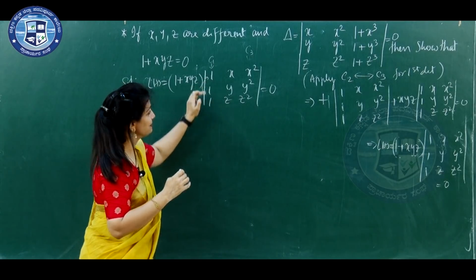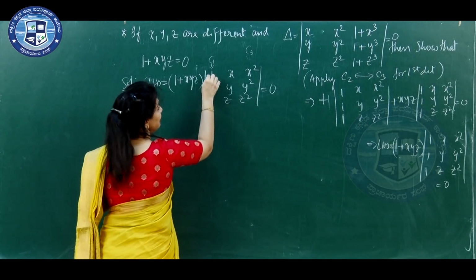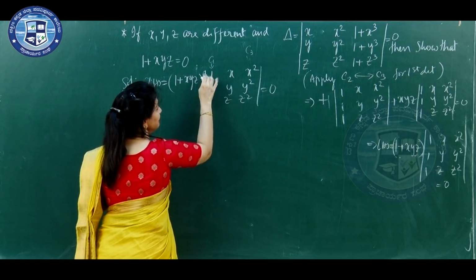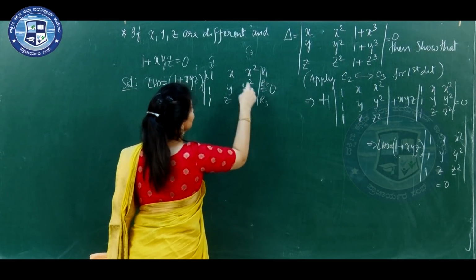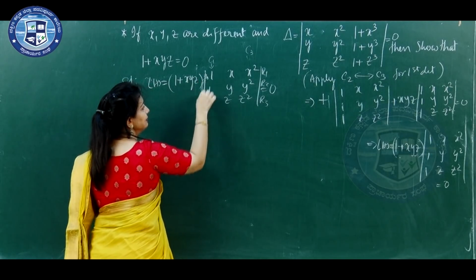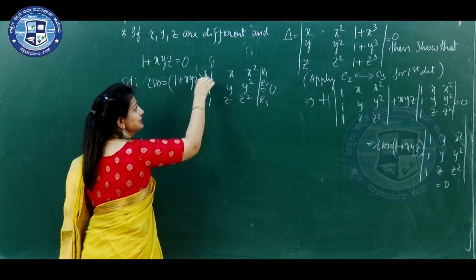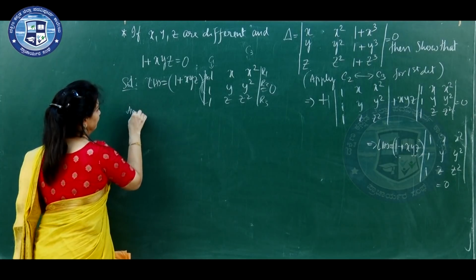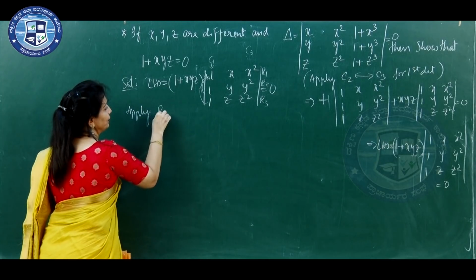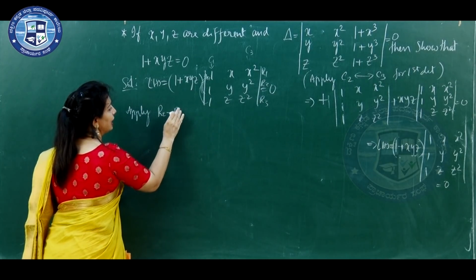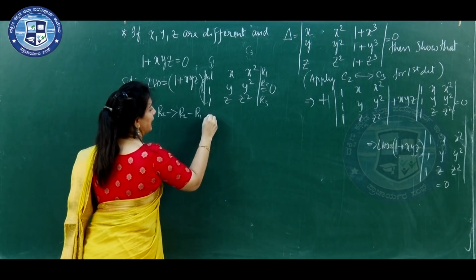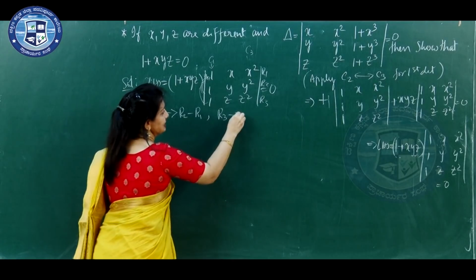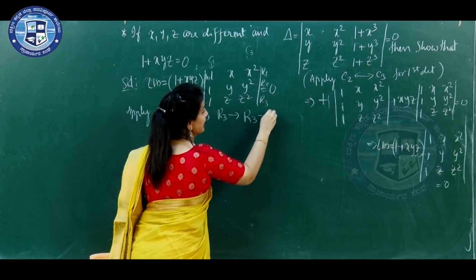So here subtract the two rows, R1, R2, R3. So apply R2 implies R2 minus R1, and R3 implies R3 minus R1.